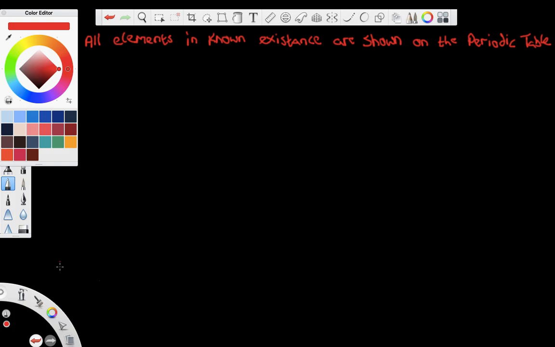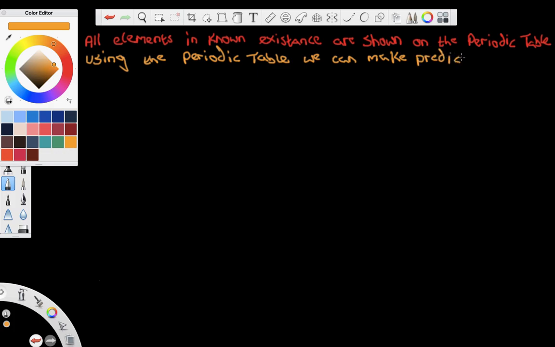So we can say that, in fact, I'll go to this yellowy colour, we can say that using the periodic table, we can make predictions about an element's properties.